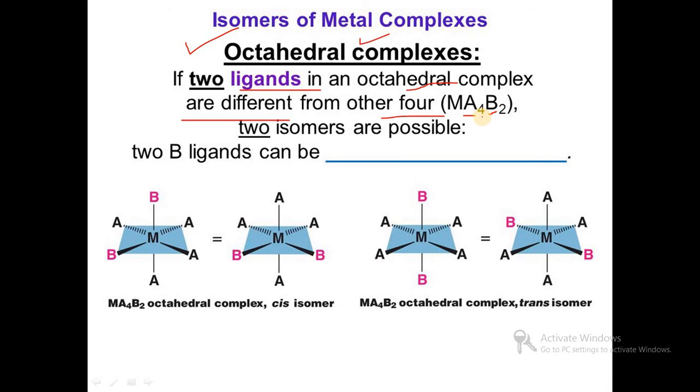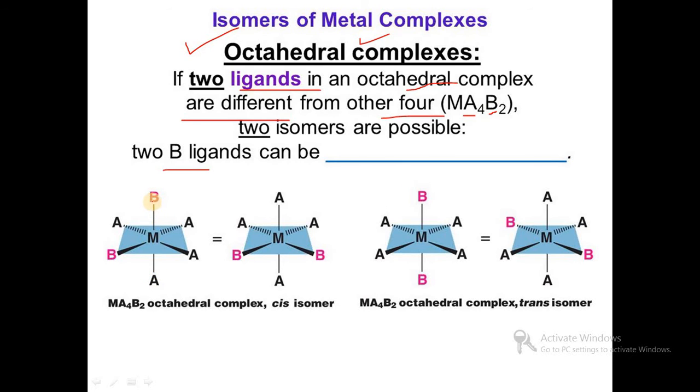In this case, A has similar ions or atoms and B has similar ones. When we keep B at different positions, we get cis-trans isomerism, that is geometrical isomerism. Here two B ligands can be placed in two ways, cis and trans.